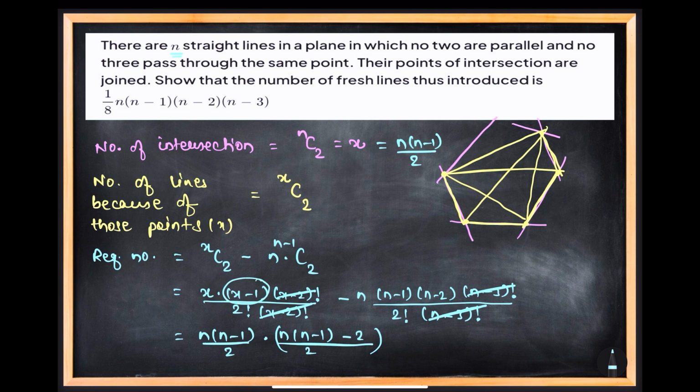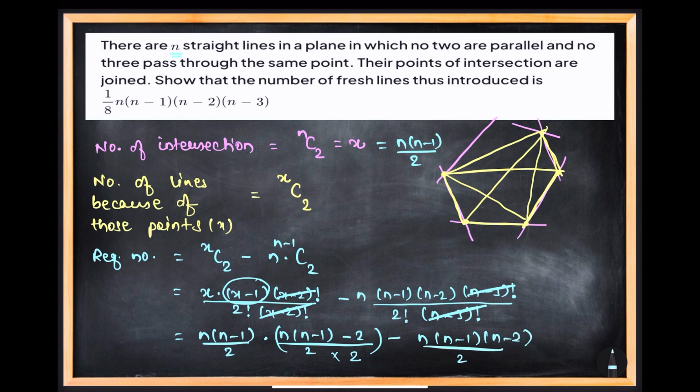By 2, so by 2 will become 2 only. So altogether it will become 8. Minus n into n minus 1 into n minus 2 by 2.